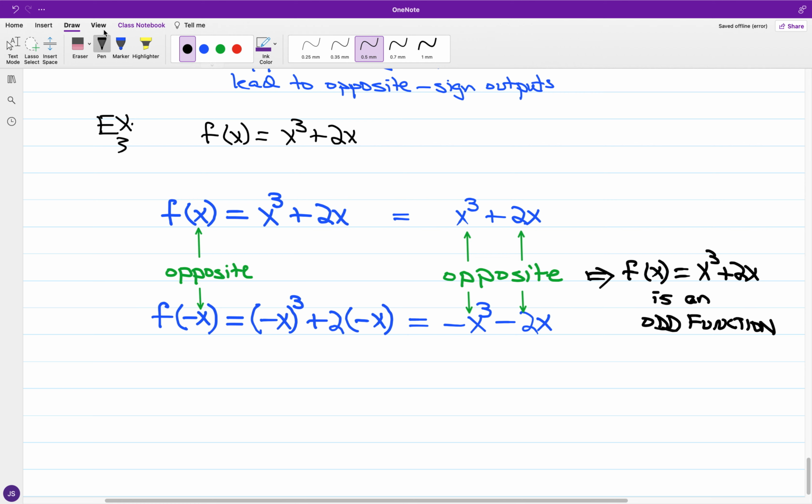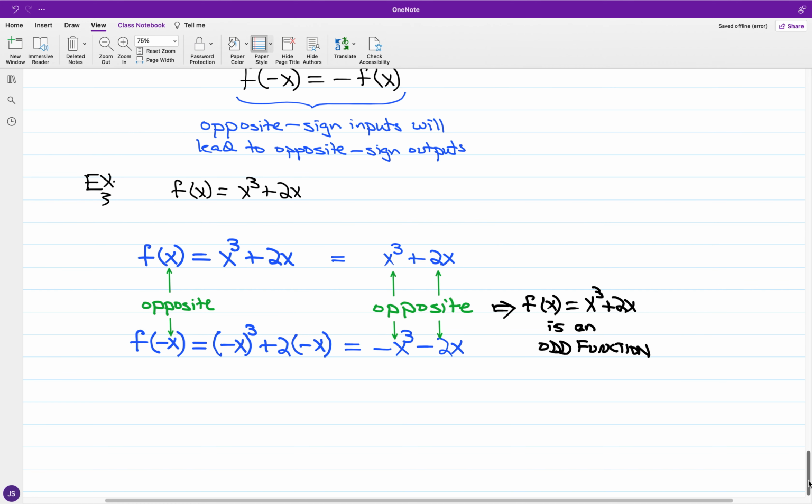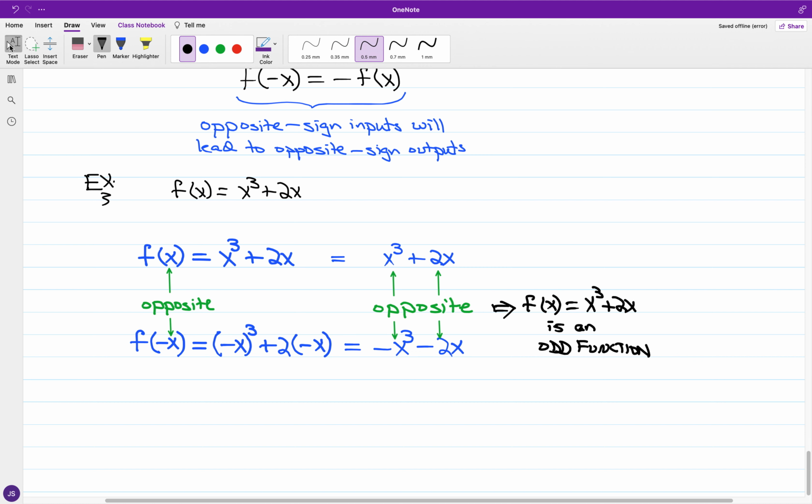Okay, so again, this is a sample of what we have with an odd function. Now, just looking at what we have from a visual standpoint.